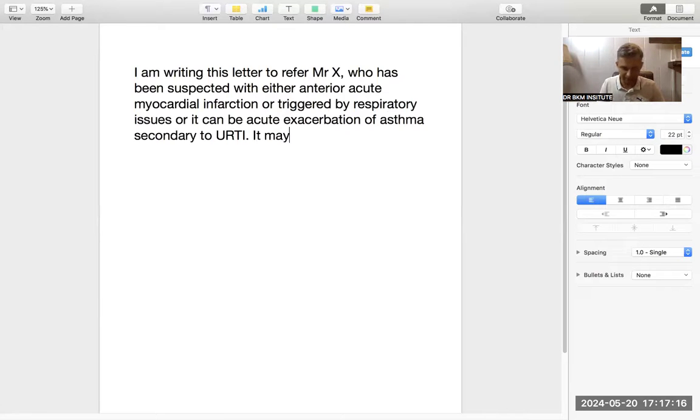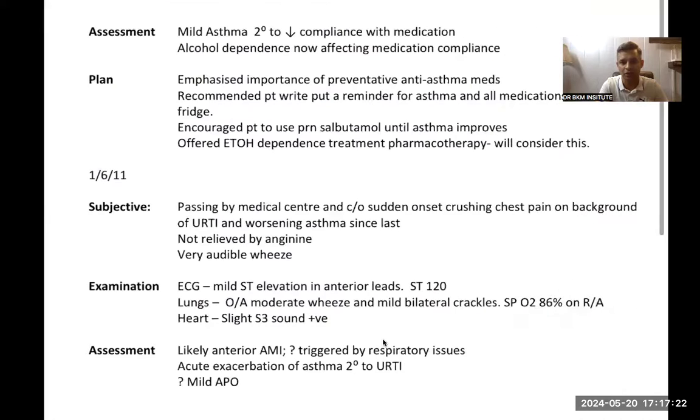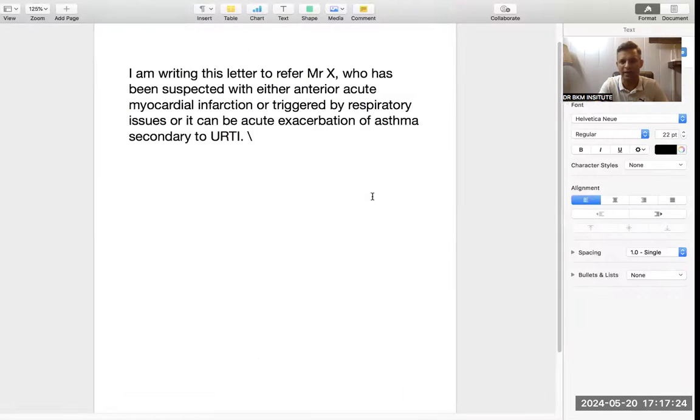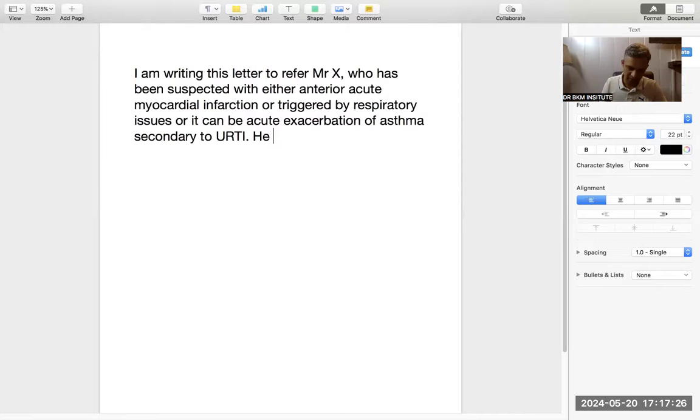Now there is an additional word given, mild APO. So you can't really omit that. So I will write he may be having mild APO too. He may be having mild APO as well.